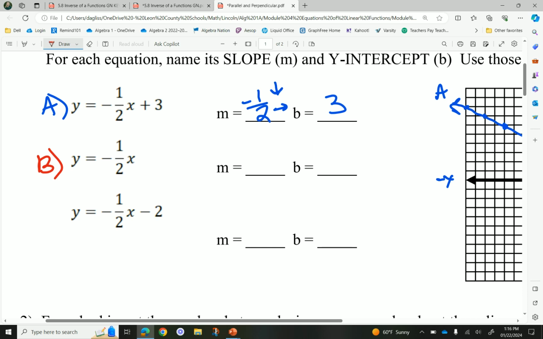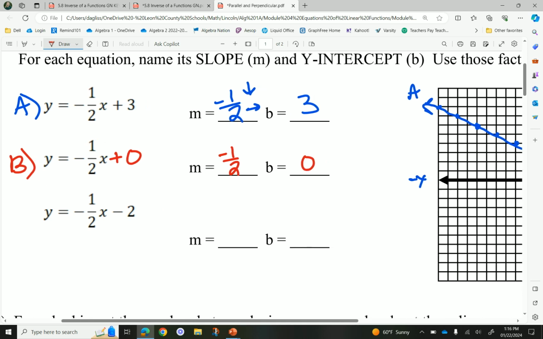That's the y-intercept. What's the slope? The negative 1/2. And my y-intercept, he told me it was 0, because there's nothing technically here. So our y-intercept is 0.